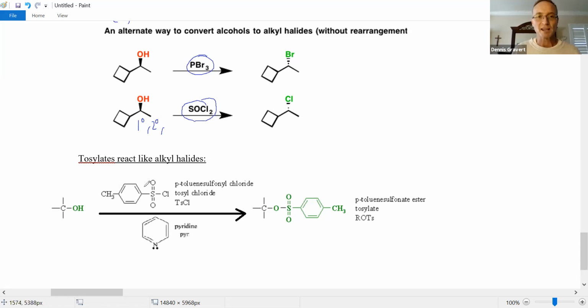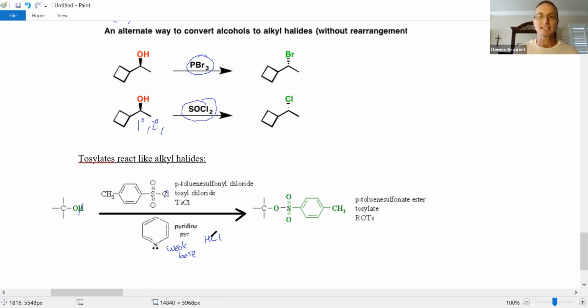You can start with this reagent, tosyl chloride or p-toluenesulfonyl chloride. Now we know what toluene is, benzene with a methyl. Sulfonyl talks about that sulfur with the oxygens. And what happens is you get substitution. This hydrogen and that chlorine form HCl, strong acid. So you must have pyridine here to act as a weak base to react with the HCl.